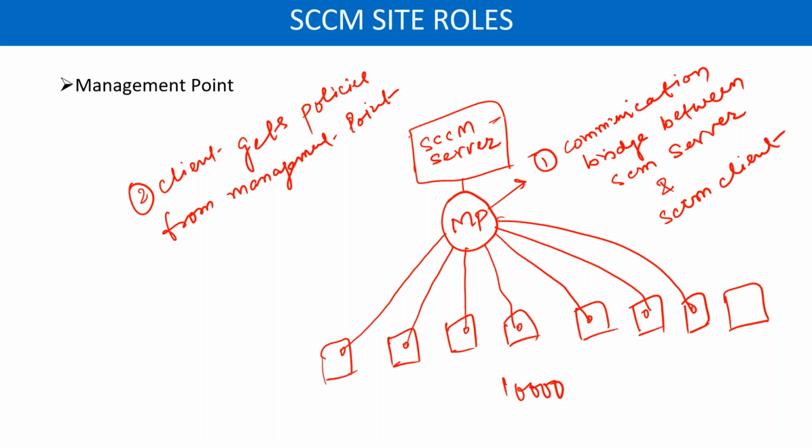Basically you create a policy here and then you keep the policy here. All the policies are kept here and the client will get the policy from here. So the third point is management point is a policy keeper. It keeps policies, right?